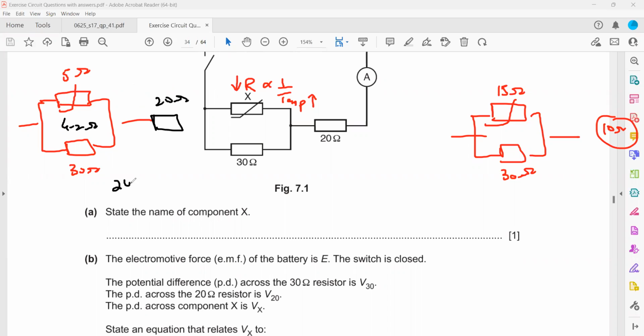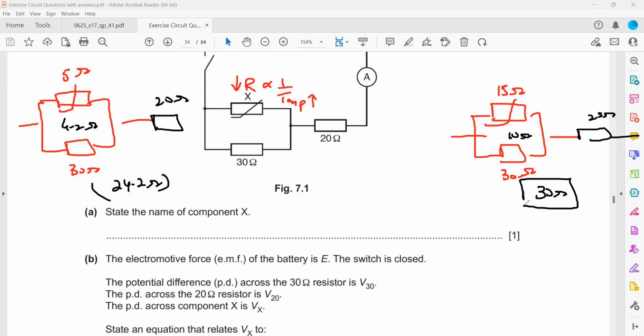So the total resistance of the circuit is 24.2 ohm. Whereas before, the combined resistance was 10 ohm for the parallel part, with another resistor in series, so the total circuit resistance was 30 ohm. But when the temperature increases, the resistance of the thermistor decreases, so the total resistance of the circuit also decreases, to 24.2.